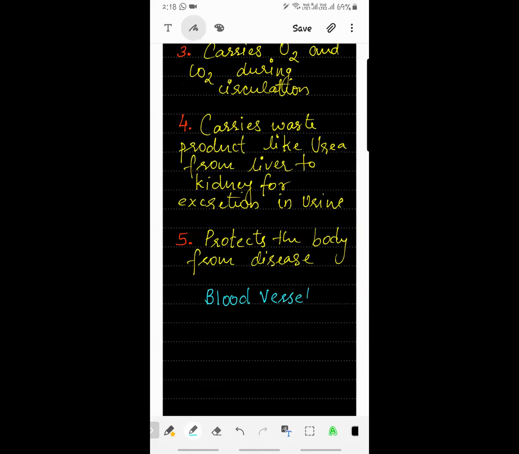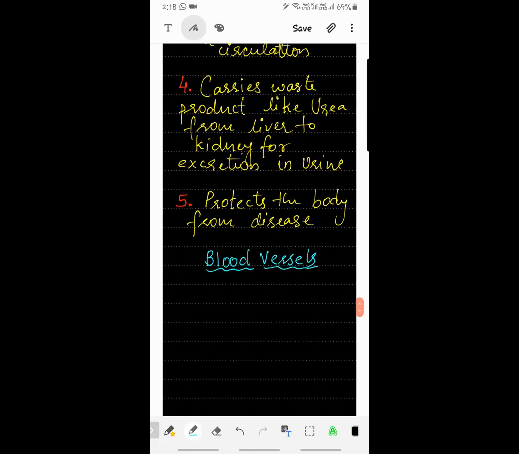Blood vessels. Here these are like a tube or pipe. Like in your home, on the terrace there is a tank, and on all the floors there is a pipe connection through which water goes.